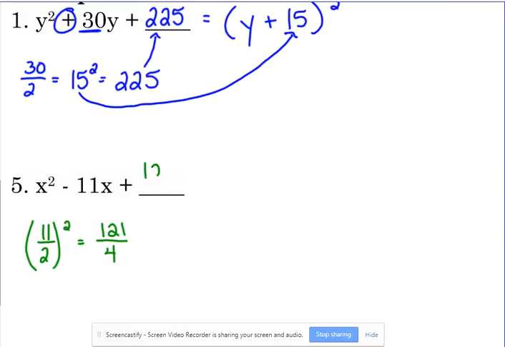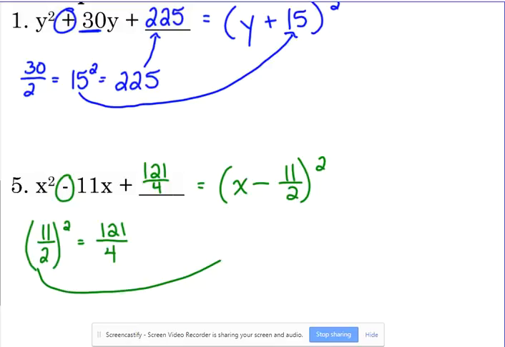So 121 over 4 completes the square, and this factors into x minus, because the 11 was negative, 11 over 2. It's always the number that you squared that goes right there in your parentheses. Okay? It really is as easy as that.